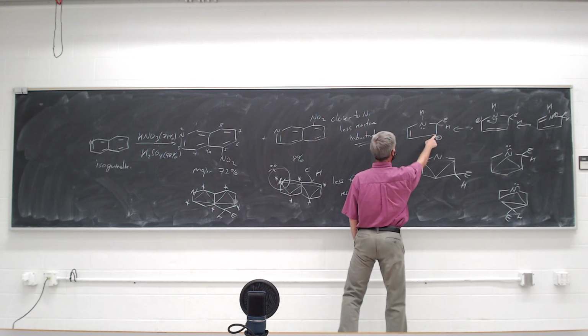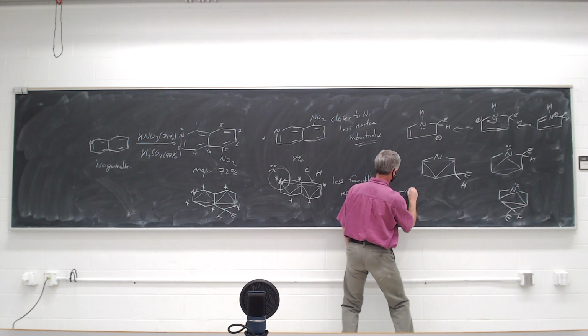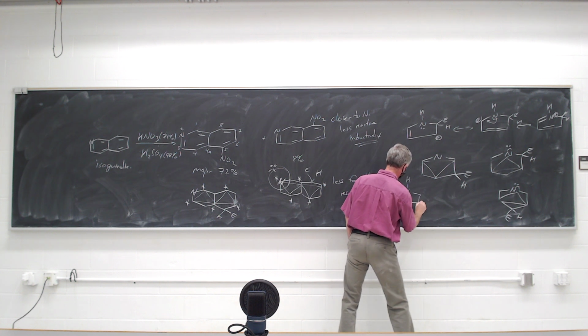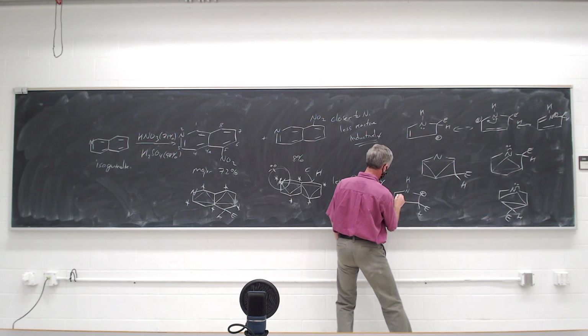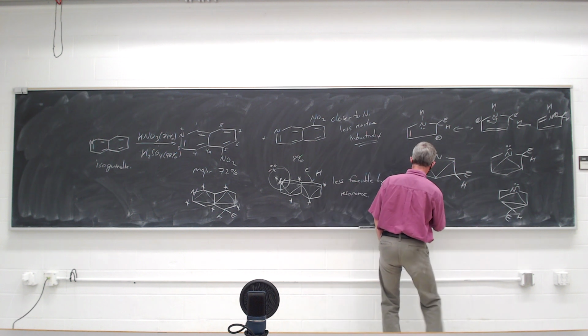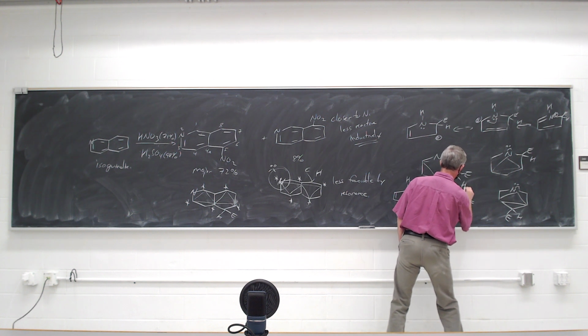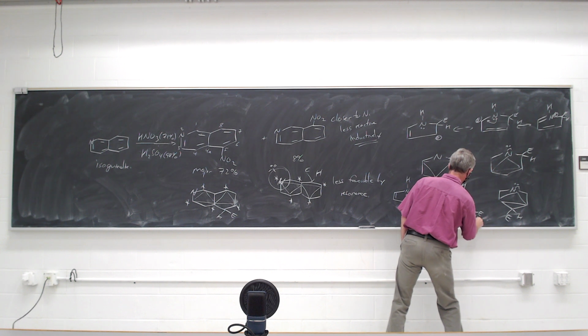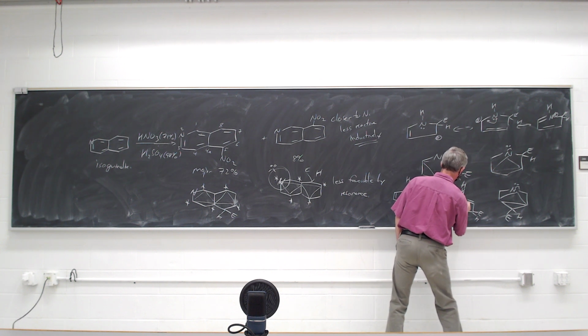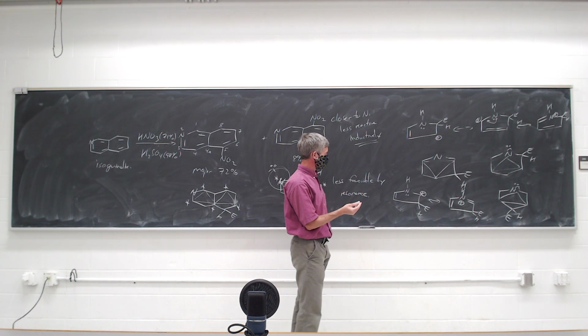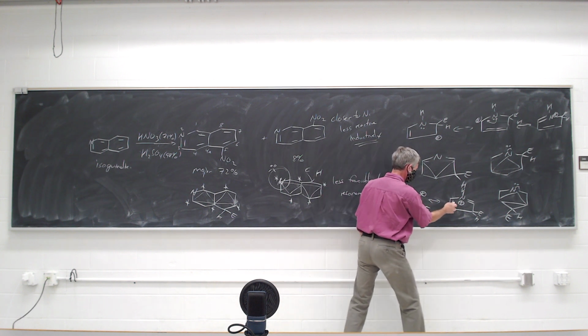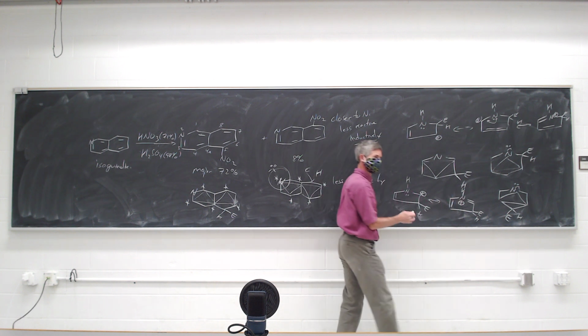If you attack in the 3 position for the 5-membered ring, put the positive charge there, you can put a resonance structure that has the positive charge on nitrogen. But because nitrogen can't expand the octet, you can't move that pair of electrons over there.